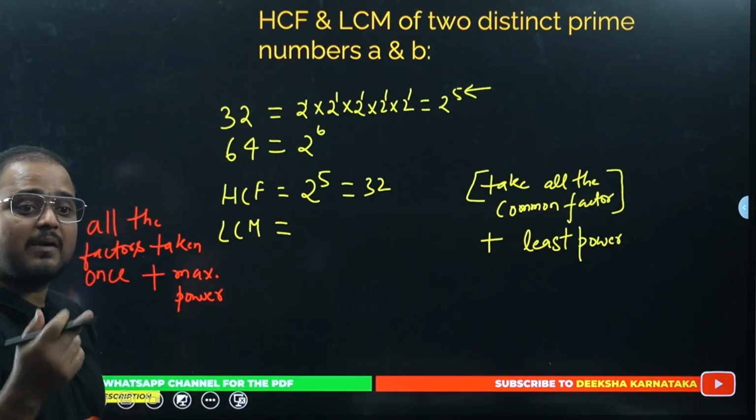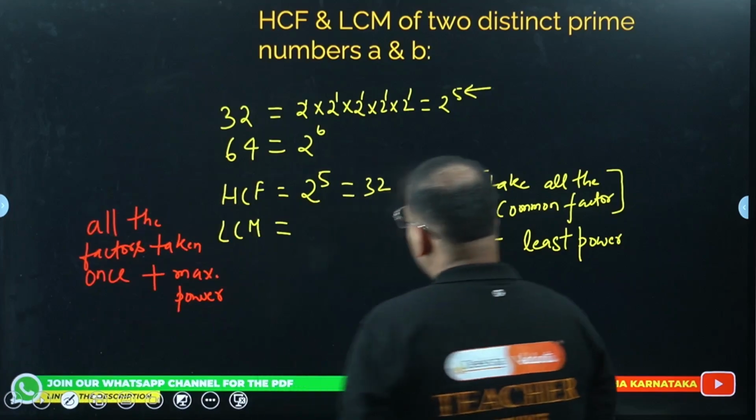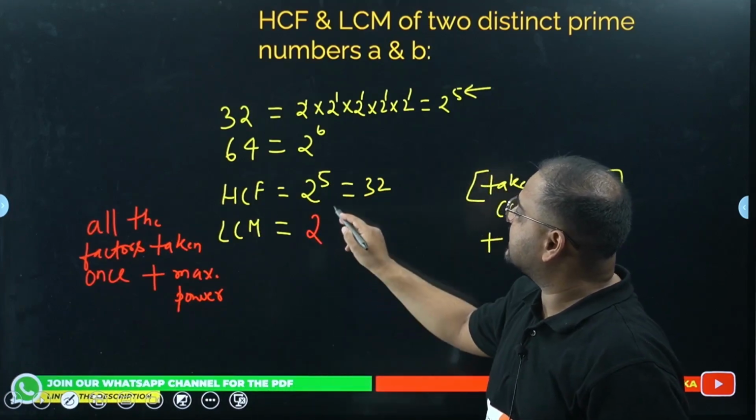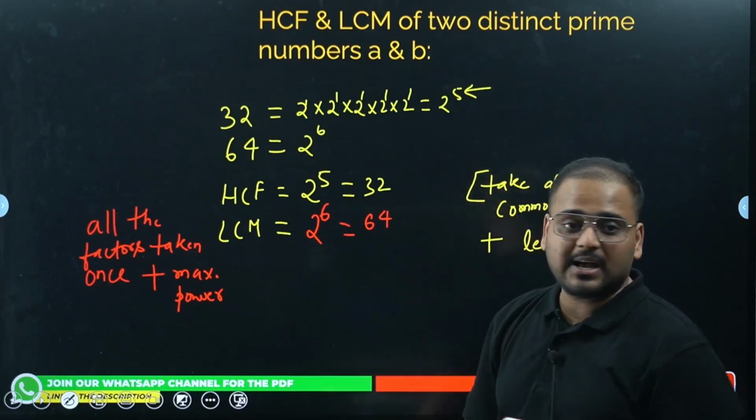So whichever is the highest power, that we will consider. Okay. So let me see here. What is the highest power here? The factor is 2, highest power is 6. So what is my answer? 64. So 64 is my LCM.